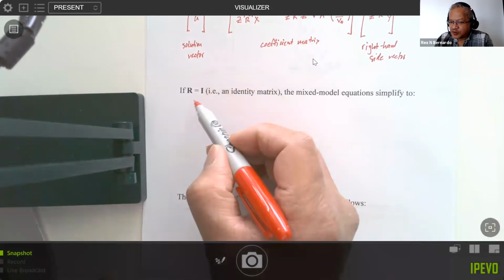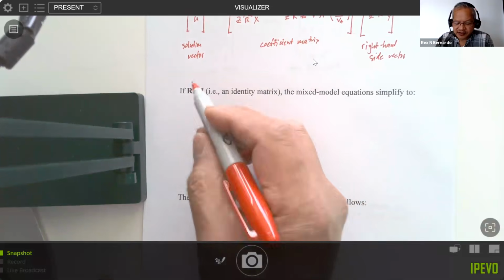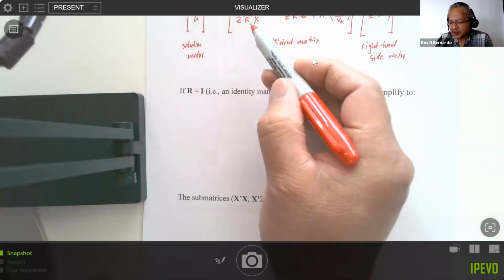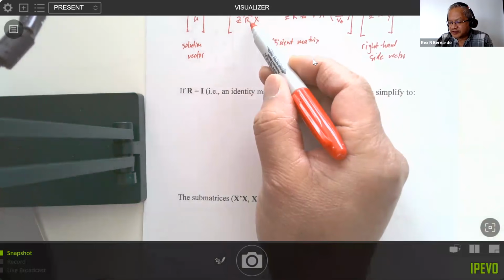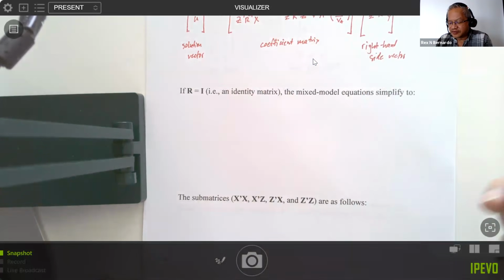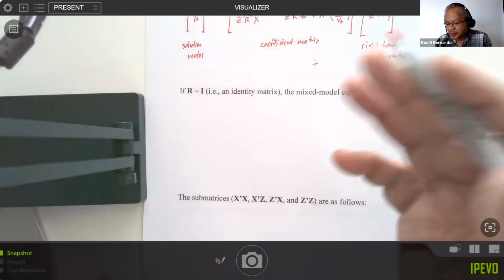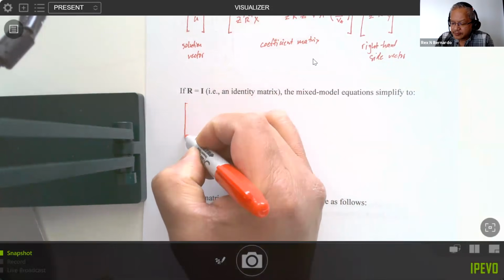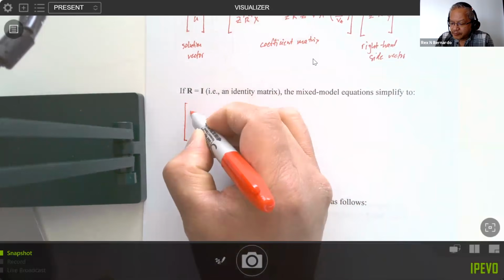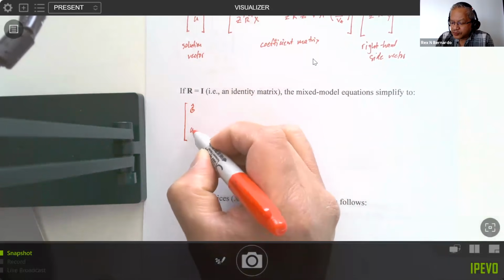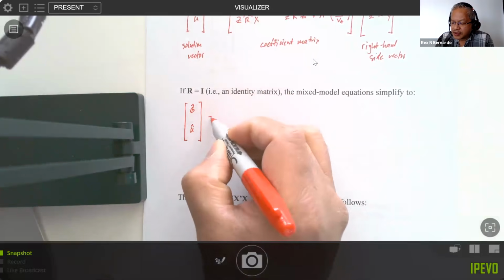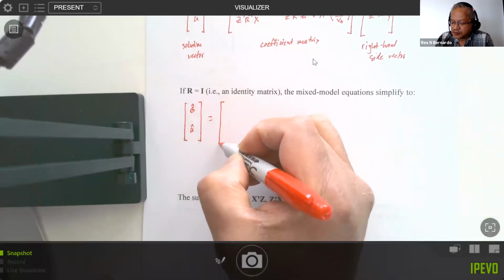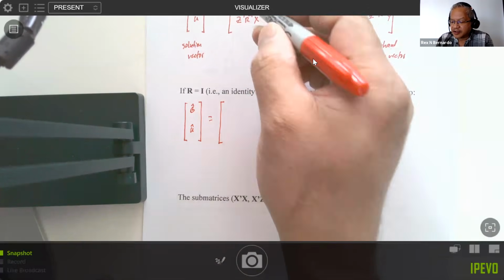So if R is equal to an identity matrix, then it simplifies here because the inverse of an identity matrix is an identity matrix, and it's like multiplying it by 1 or dividing it by 1. It doesn't change a thing. So then we have B and then U. So we just drop out the R inverse.